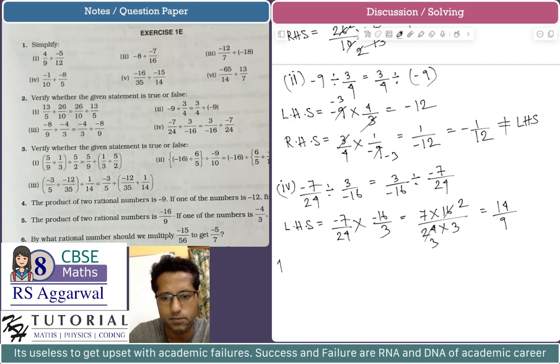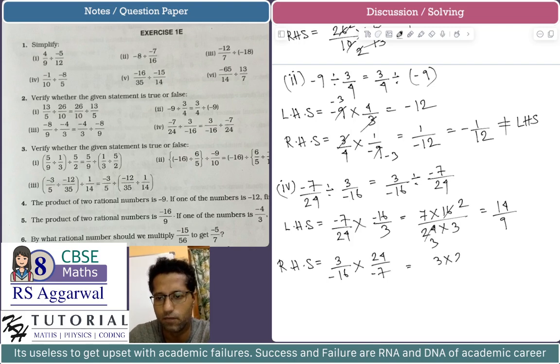And the RHS is equal to 3 by minus 16 multiplied by the multiplicative inverse of minus 7 by 24, which is 24 by minus 7. This is equal to 3 multiplied by 24, and the minus 16 and minus 7, minus minus cancels out, so we can write 16 into 7.